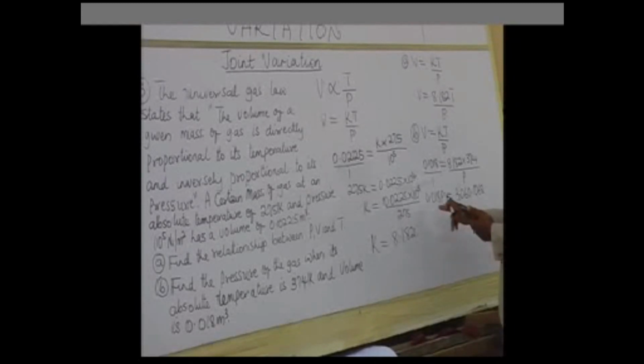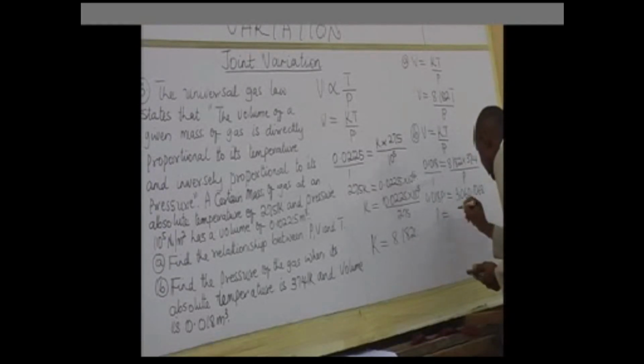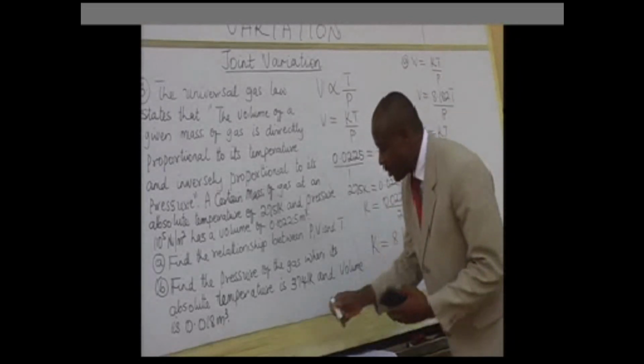If you divide both sides by 0.018, you'll be left with only P on the left hand side, and on the right hand side you are going to have 3060.068 divided by 0.018.